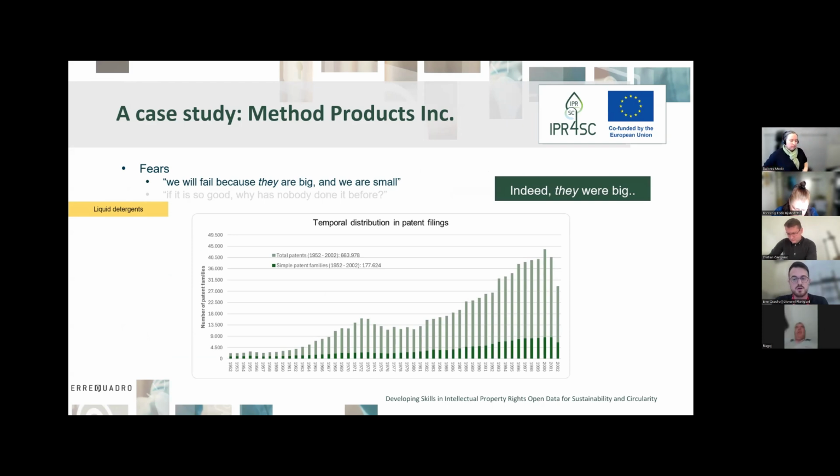If we have a look at the general trend in this domain, which is liquid detergents, we can see that the numbers are very high. Looking from the point of view of method products, until 2002 the trend was really growing.